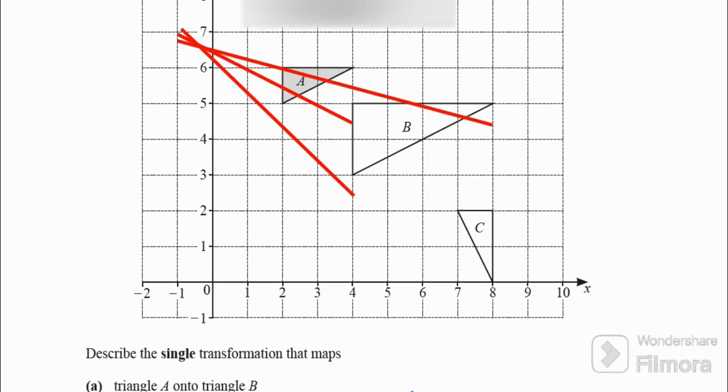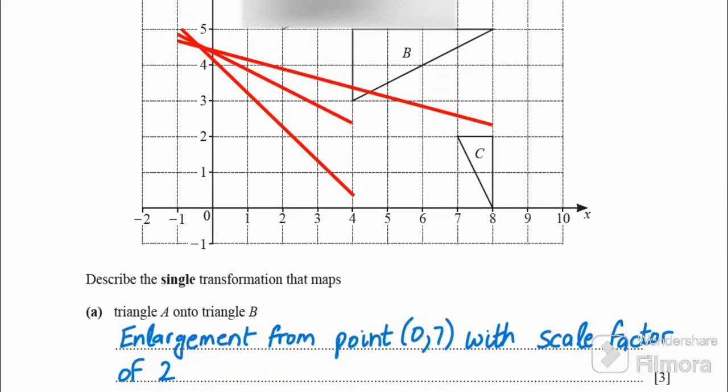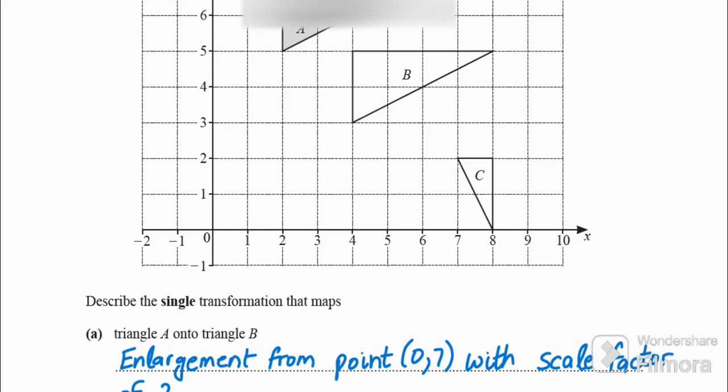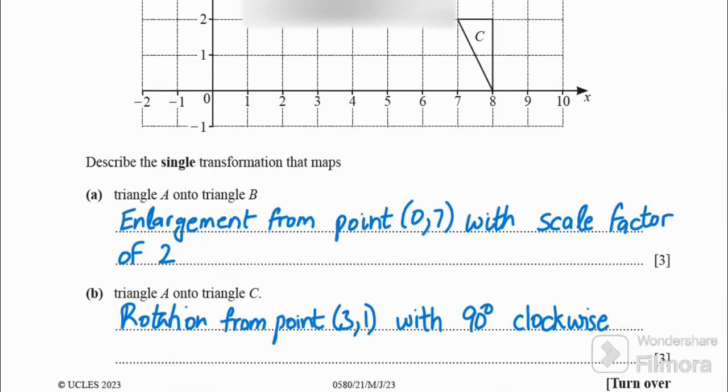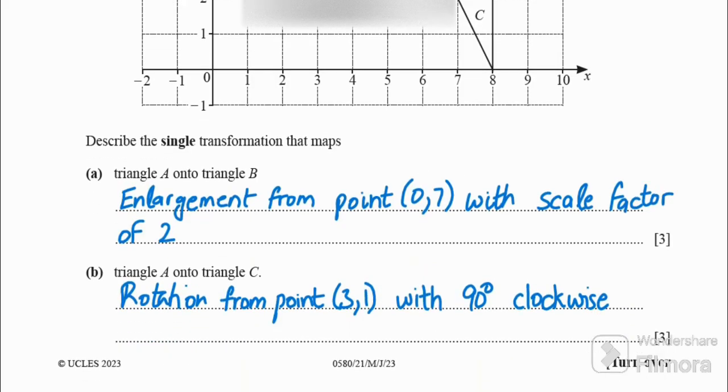And in part A we will write enlargement from point 0, 7 with a scale factor of 2, because over here, if you can see, there is only one block, but over here in triangle B we have 2 blocks. So it means it has been enlarged by 2. So the enlargement from point 0, 7 with scale factor of 2.